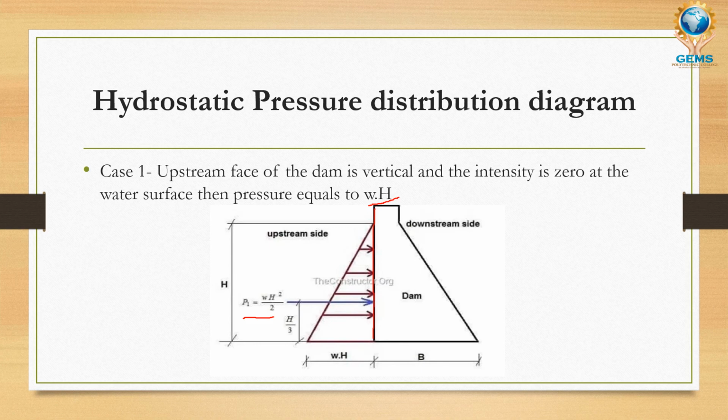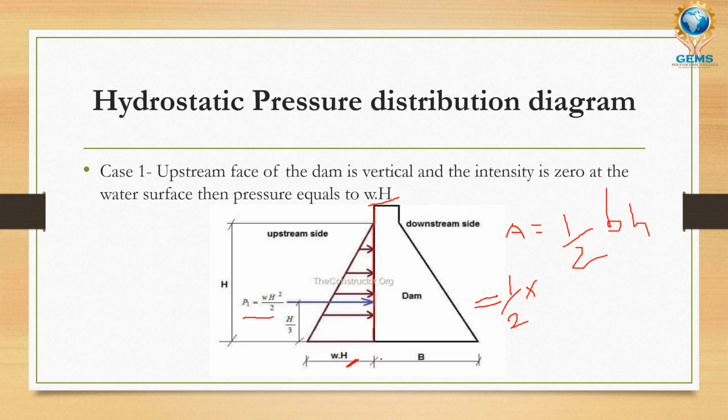The area of a triangle is A equals half into B into H. So the breadth value is w into H. Since we are speaking about the upstream portion, don't look at the downstream portion.